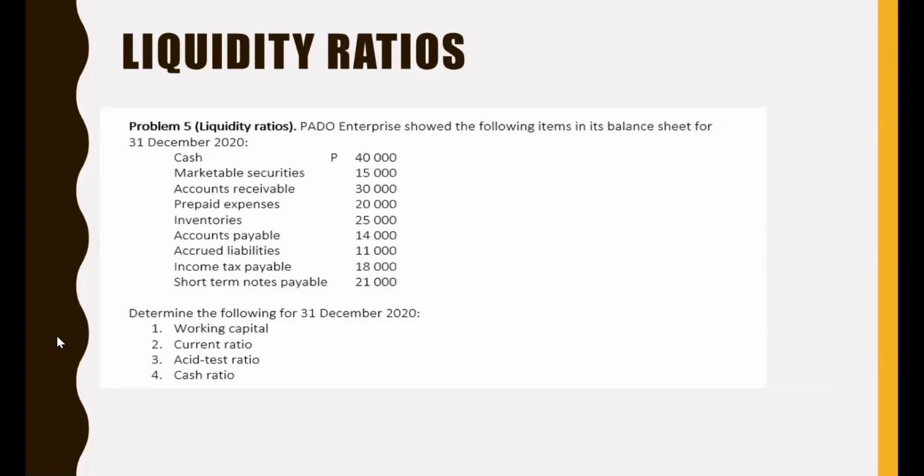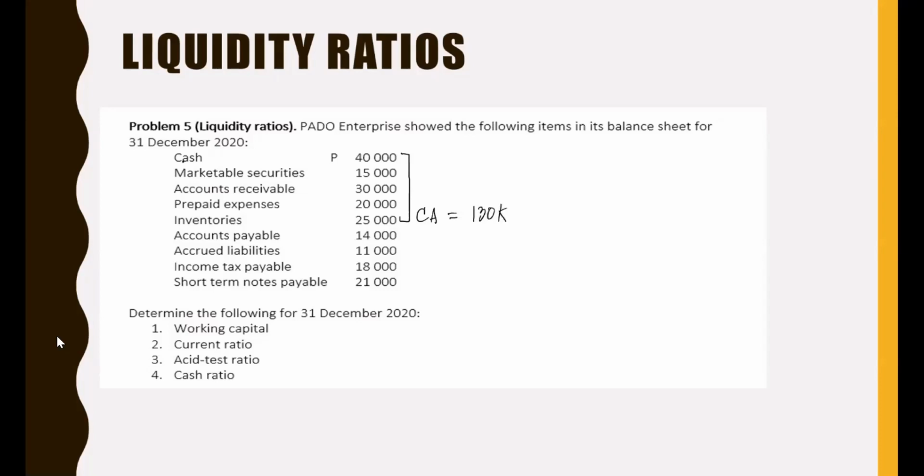Cash, marketable securities, accounts receivable, prepaid expenses, and inventories are all current assets. The total current assets amounted to 40 plus 15 plus 30 plus 20 plus 25, or 130,000.